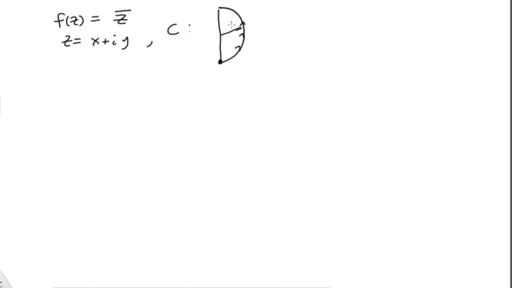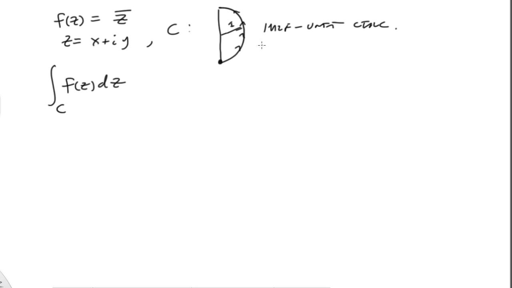It's a unit circle, so it'll be the half unit circle. What we want to write down is this symbol, f of z dz. But now we have to find a constructive way to put this all together.